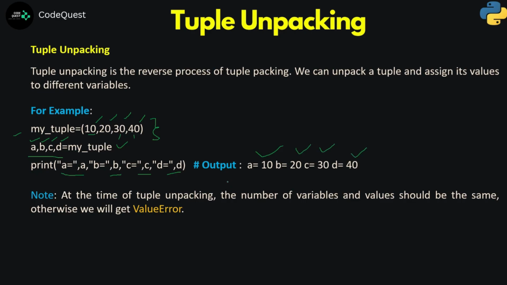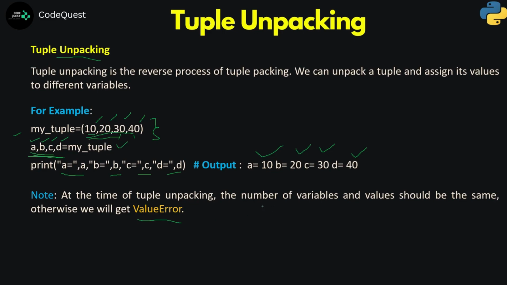But one thing we should be very careful about here. Whenever you go for unpacking, we have to ensure that the number of elements and the number of variables must be matching. If you do not do so, suppose for example here I have 4 elements, but I have taken only 3 variables, there will be an exception called ValueError.